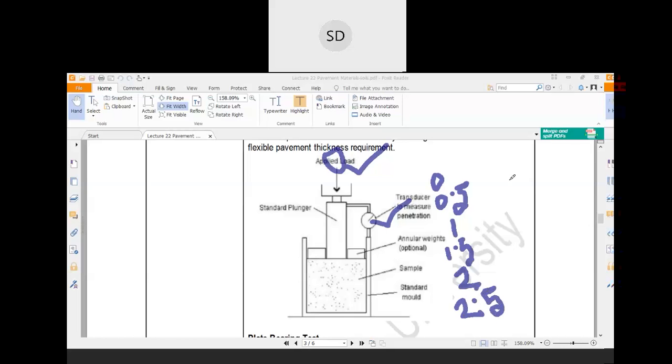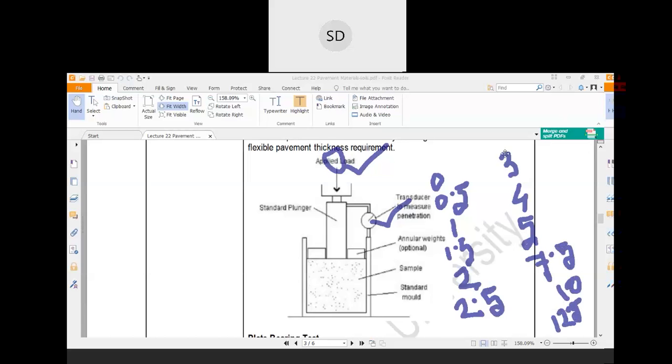These all are in mm. Then 3, then 4, 5, 7.5, 10, and last 12.5. So these are all settlement values.